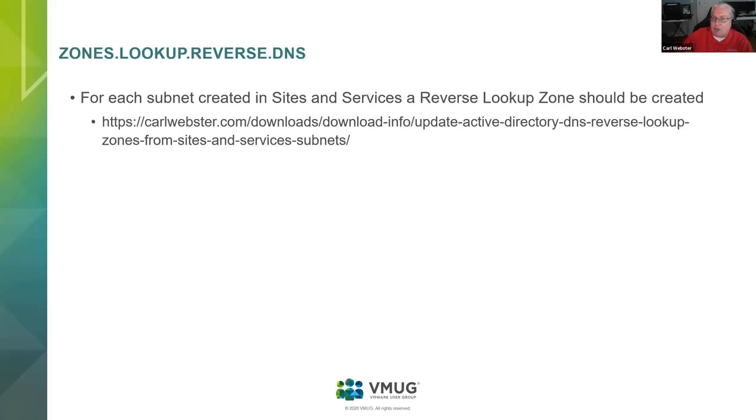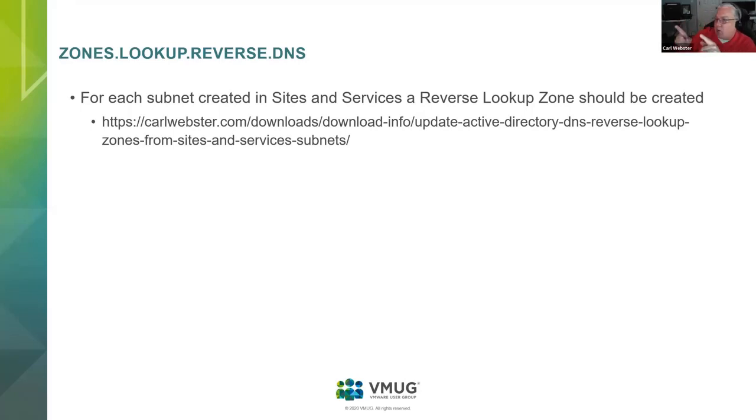Now I have been asked to create the opposite. What if we have a bunch of reverse DNS lookup zones and we now need to put that stuff in sites and services? That's not that easy, because you have to have enterprise admin rights to create subnets.